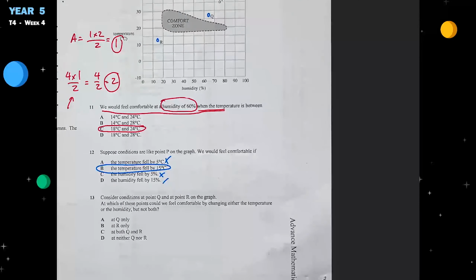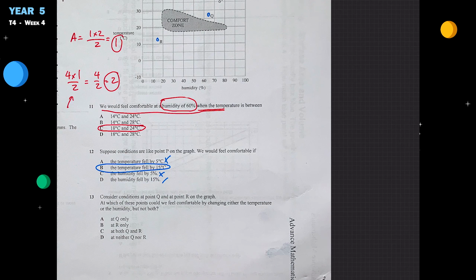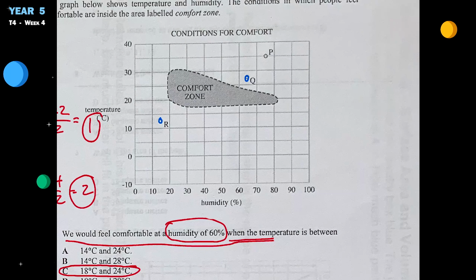Now it says, consider at which of these points could we feel comfortable by changing either the temperature or humidity, but not both. So which of these can you change either the temperature or humidity? Well, let's look at point R. If you change the temperature or humidity, you're not going to get comfortable, because if you change the temperature at point R, the humidity is way too low.